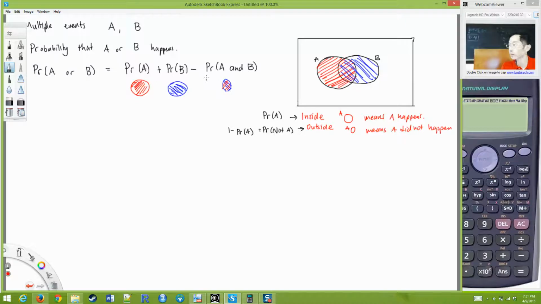So does this mean that this is an exclusive OR? No. Anytime you see the word or in probability, it's technically an and/or. It's kind of like in computer science when you say or.